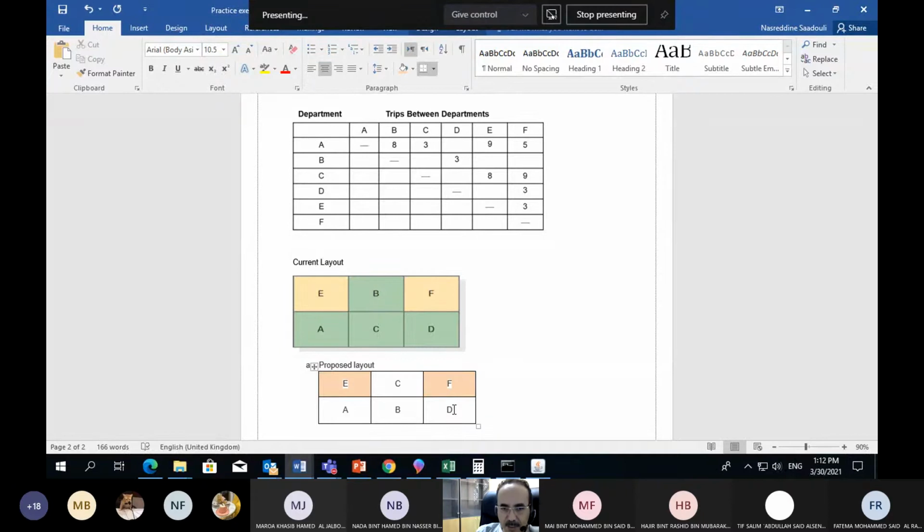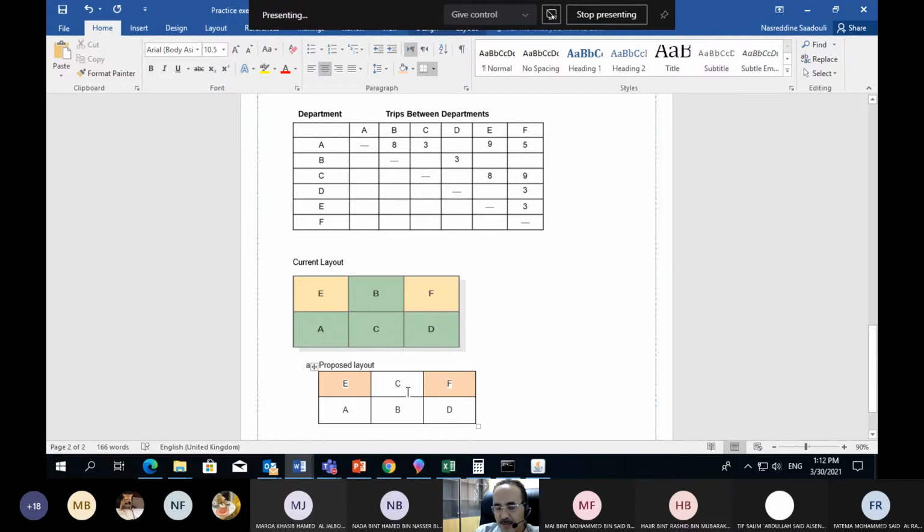All we did is we used our understanding of the closeness factors. The higher the score, the closer they should be to each other. So you see that the first thing we did was I looked at the highest ones, E with A and F with C. Then I said A could either be here or here, C could either be here or here.